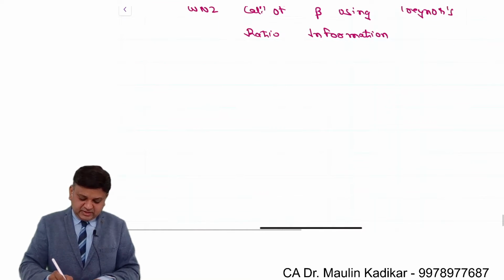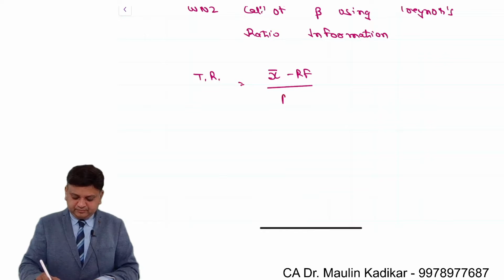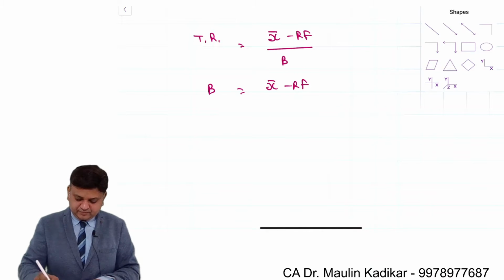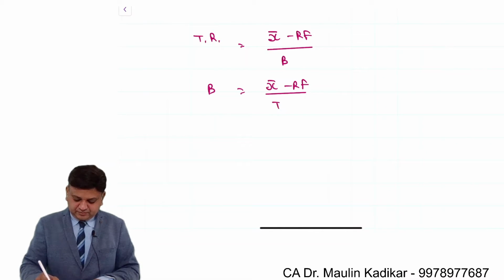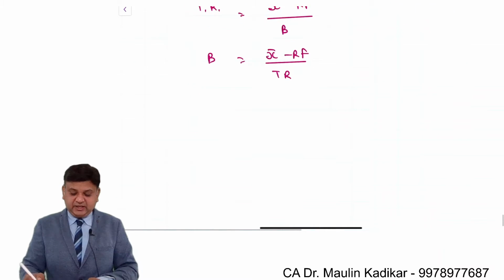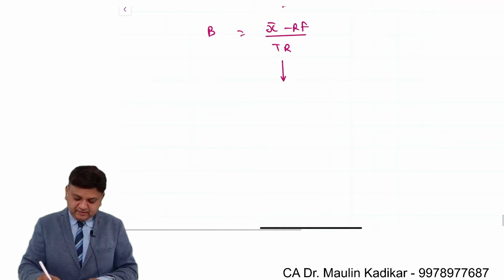So it will be calculated like this, that Treynor's ratio is equal to X per minus RF divided by beta. So beta is X per minus RF divided by Treynor's ratio. Again it will be calculated for D and for K.